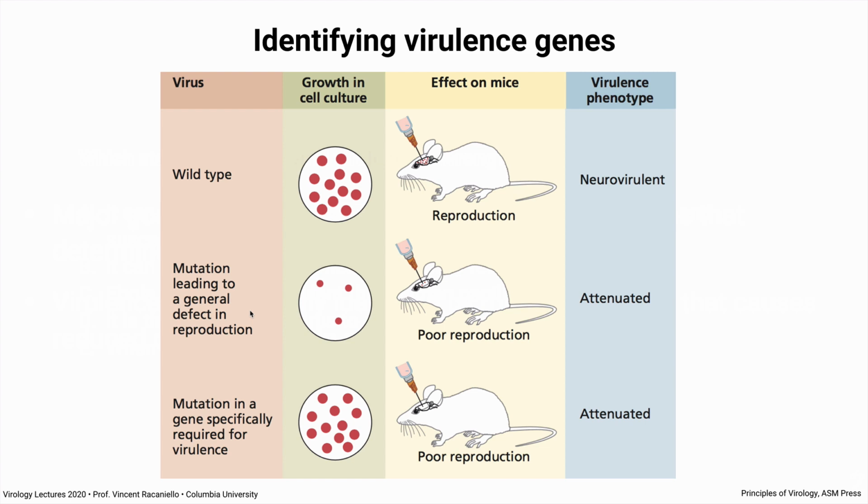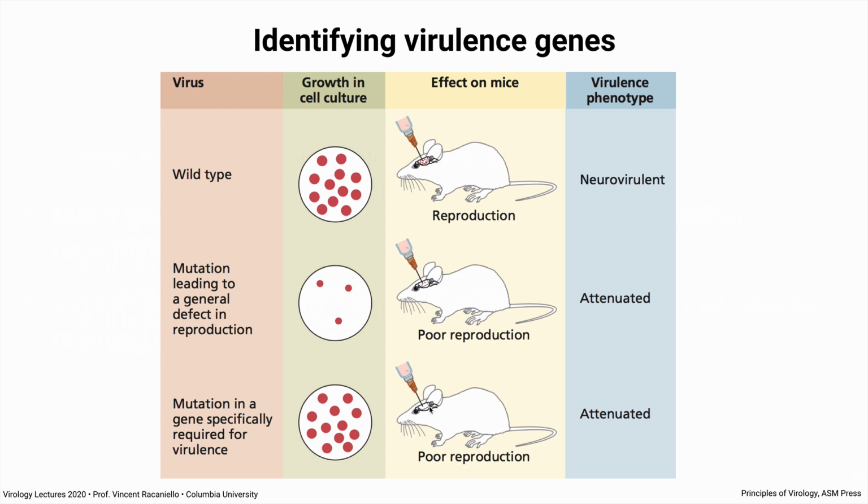However, I would argue that this kind of mutation isn't particularly interesting because the mutation is simply reducing viral replication. What you want is a mutation in a gene specifically required for virulence, but not for replication in cell culture. So here's another virus where a mutation in a gene doesn't affect reproduction in cell culture.